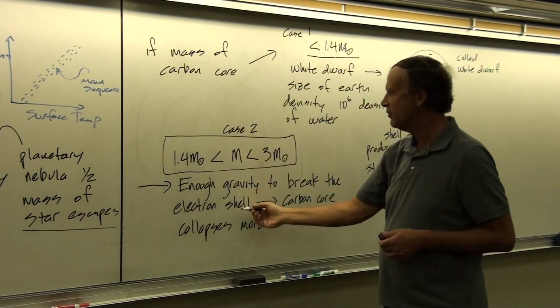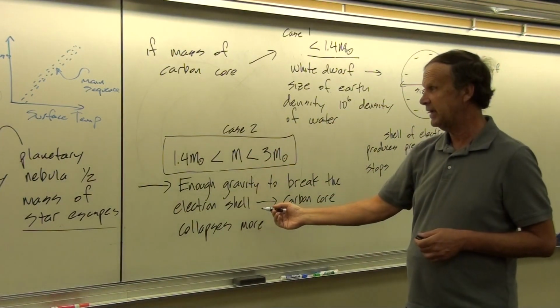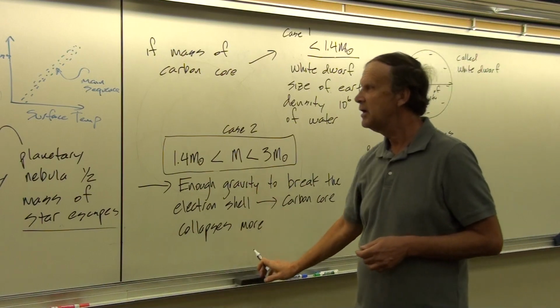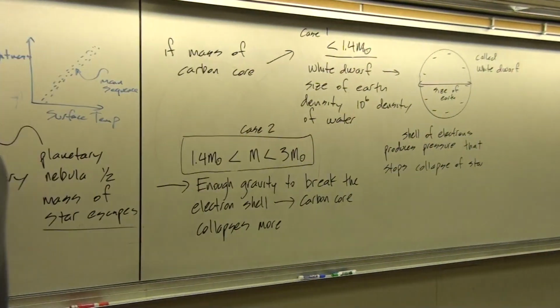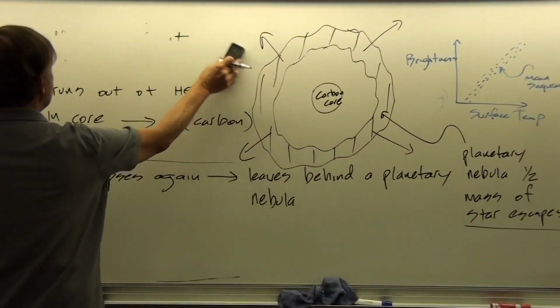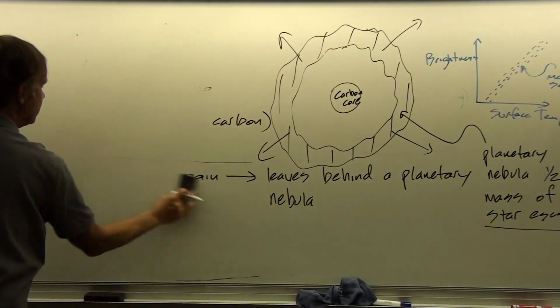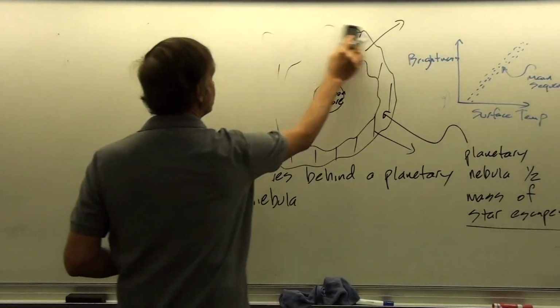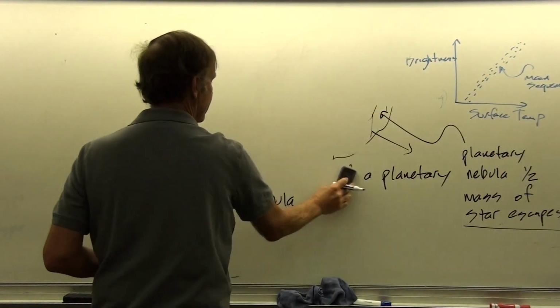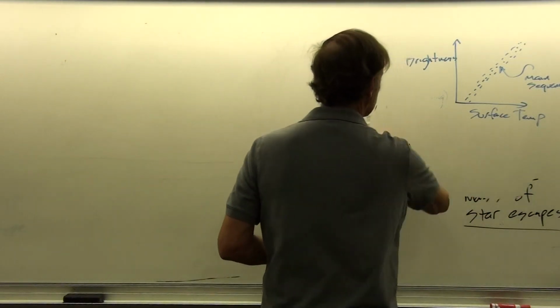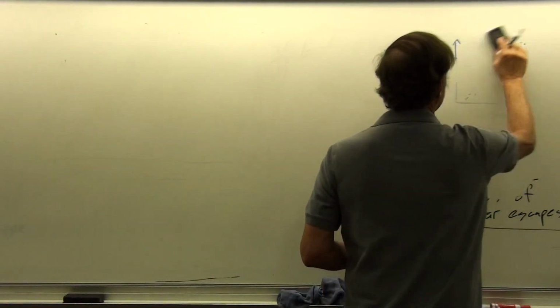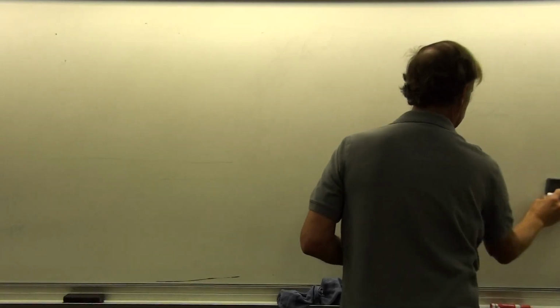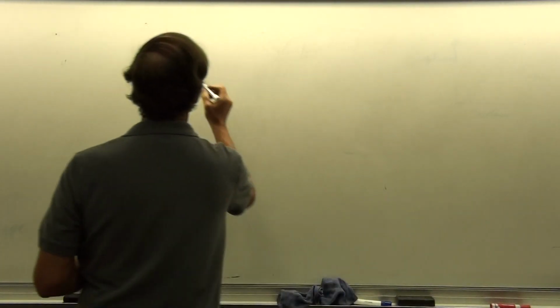This will eventually form a neutron star. Okay, and so that's where we're going with this. Before we can get to the neutron star, we have to go through some fusion processes that build heavier and heavier elements. So here's case 2 continued.